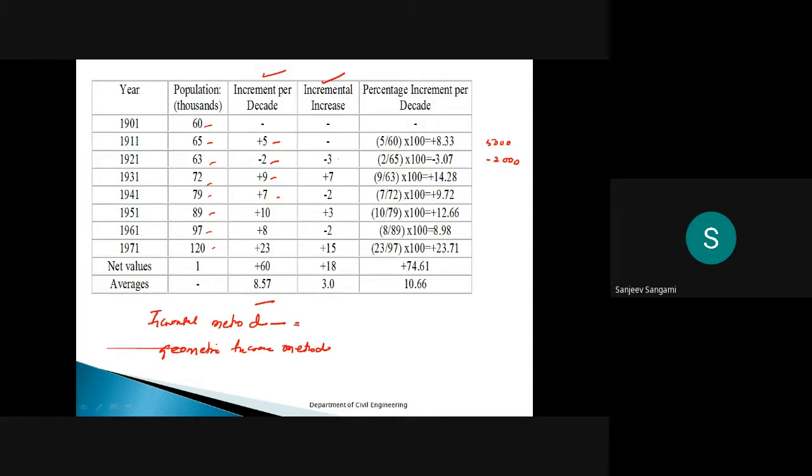So when I'm preparing this column, 5 minus 2, that will be... you have to calculate it actually. It is incremental increase.